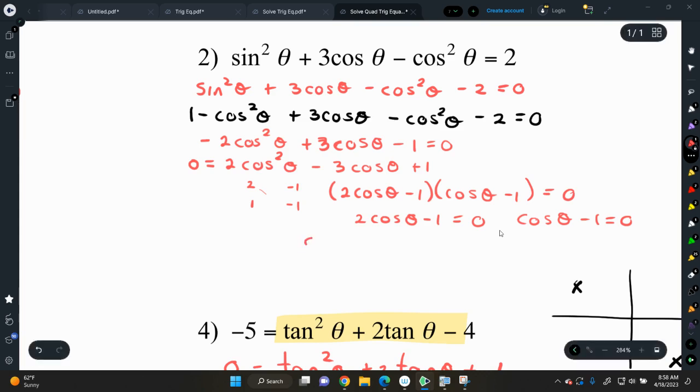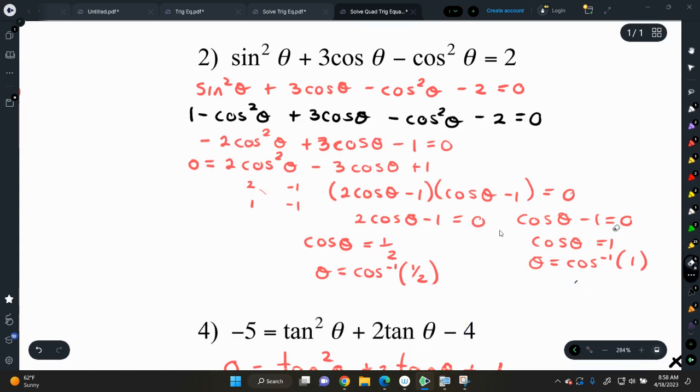So this will give me cosine theta equals positive 1/2. So theta equals the inverse cosine of 1/2. And over here we'll get cosine theta equals 1. So theta equals the inverse cosine of 1. Okay.